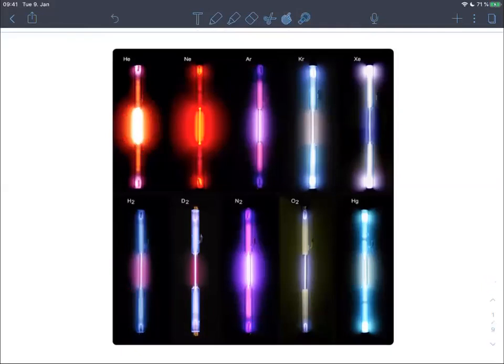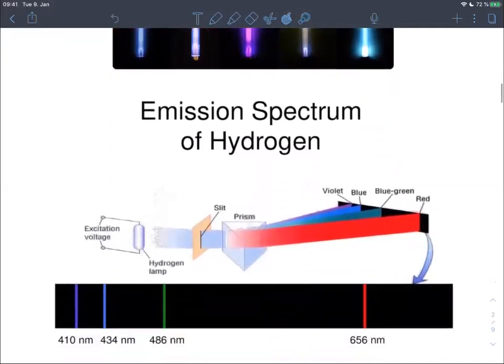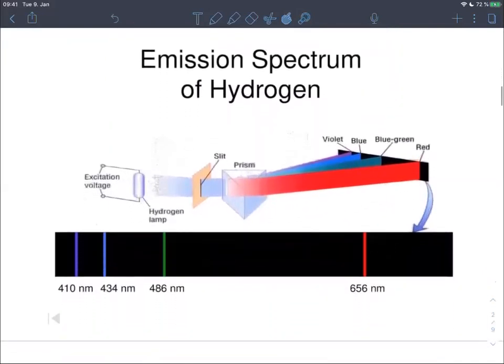Now, what if we were to analyze light obtained from, say, hydrogen? In other words, what kind of spectrum would we obtain if we were to disperse light from a hydrogen flame or a hydrogen lamp?